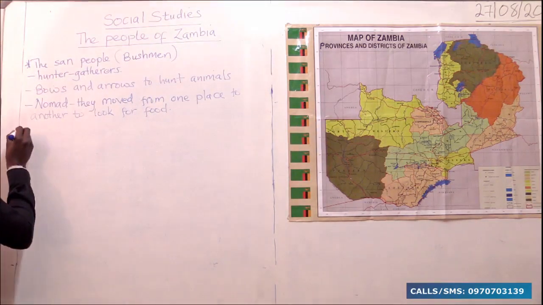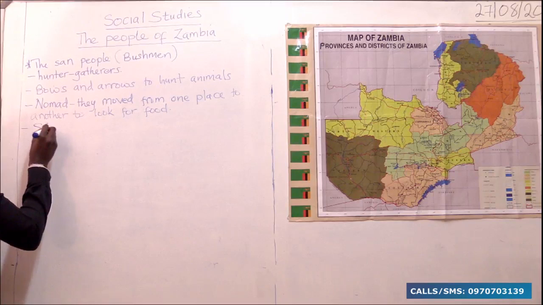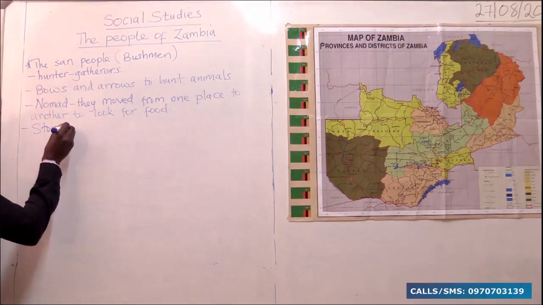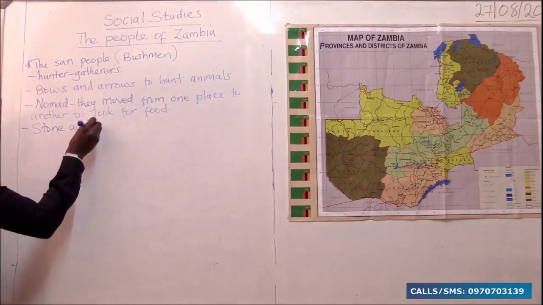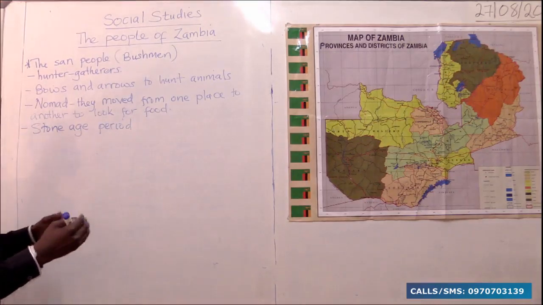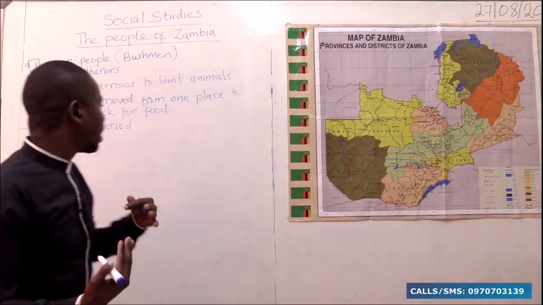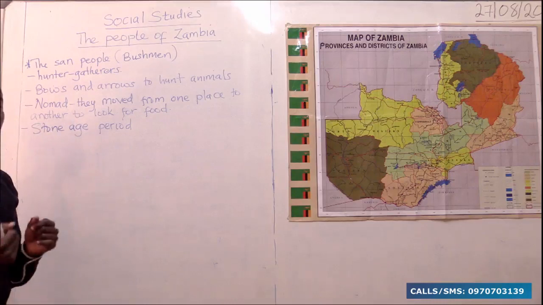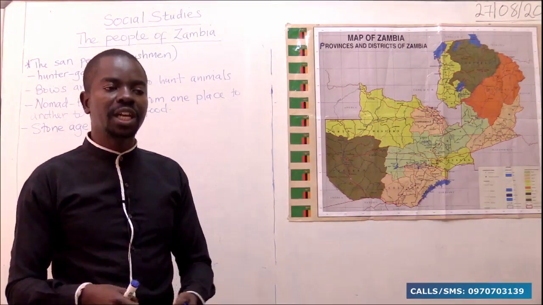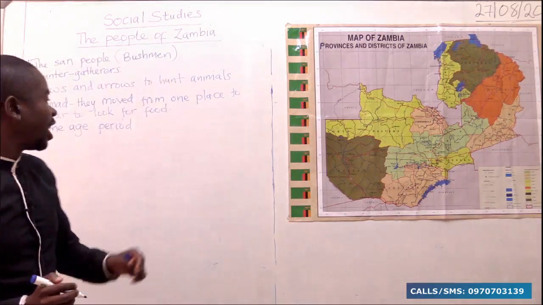So the Bushmen lived in the Stone Age period. The Stone Age period is a period where they used stones in order to cut meat, even to kill animals.